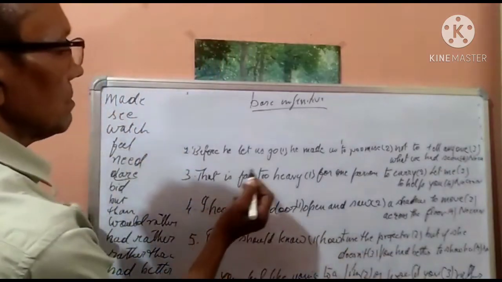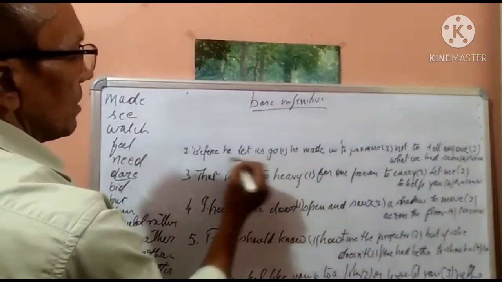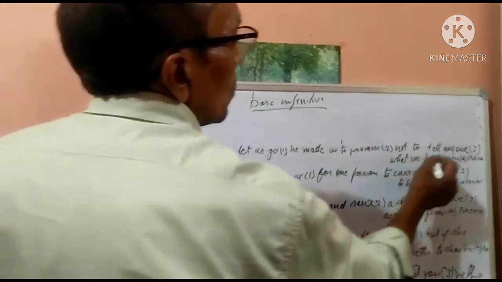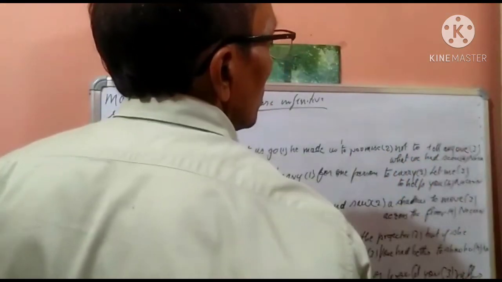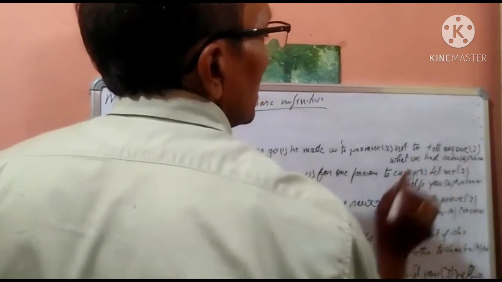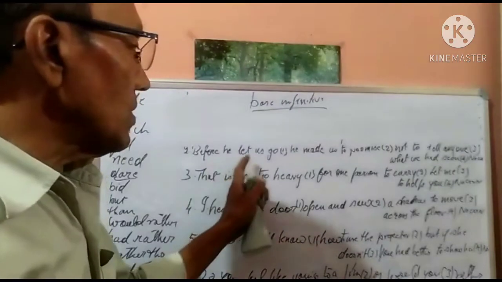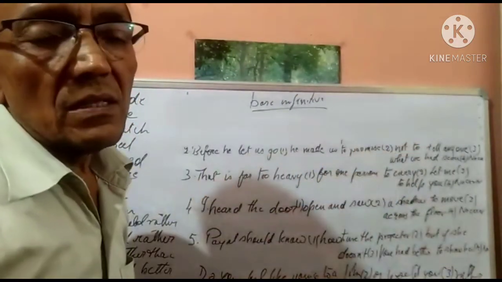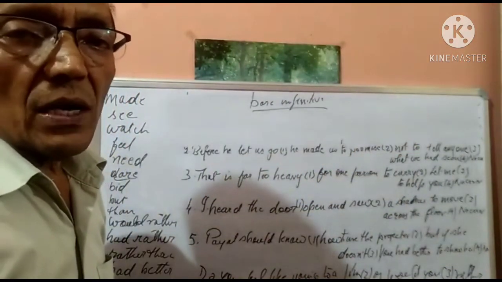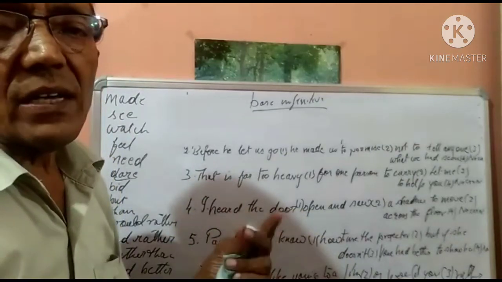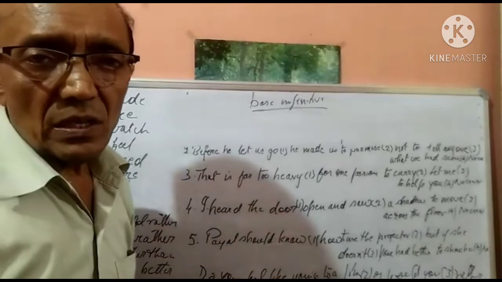Now here, this is number one. He made us to promise, this is number two. Not to tell anyone, this is number three. What we had seen, this is number four. So you have to find in which number there is a mistake. And if you have a clear concept about infinitives, within a flick of a second you can answer the question.